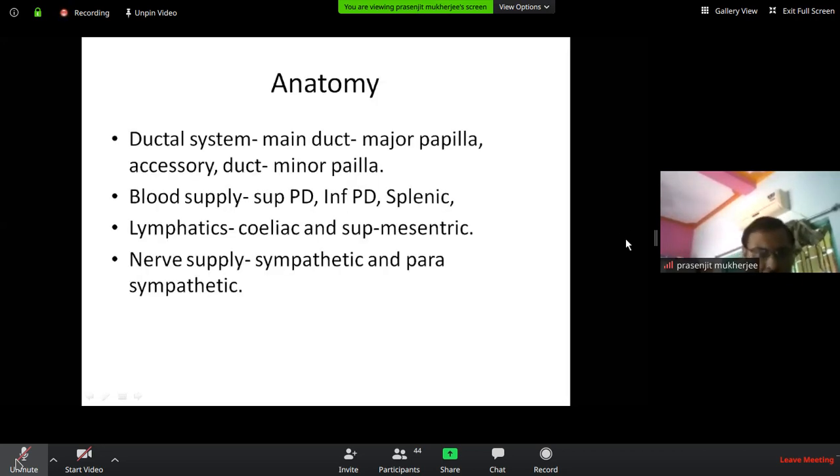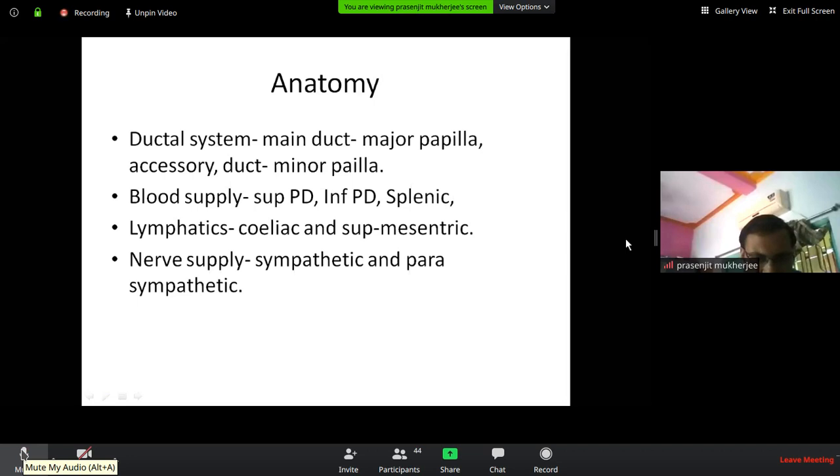Next, come to anatomy of the ductal system. As I told, the main duct is the duct of Wirsung, which drains through the major papilla, and through the minor papilla, the accessory duct or duct of Santorini. For now, remember it as the major pancreatic duct, which joins with the bile duct to reach as a single duct in the major duodenal papilla.